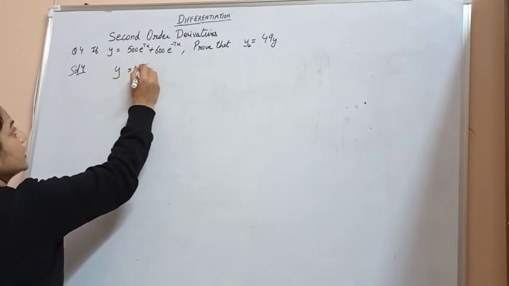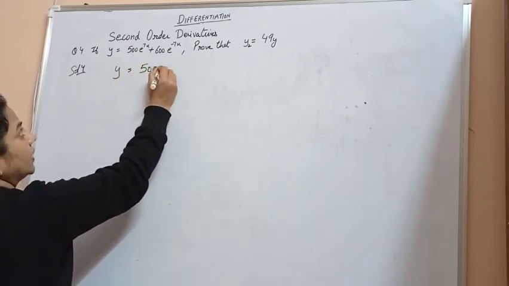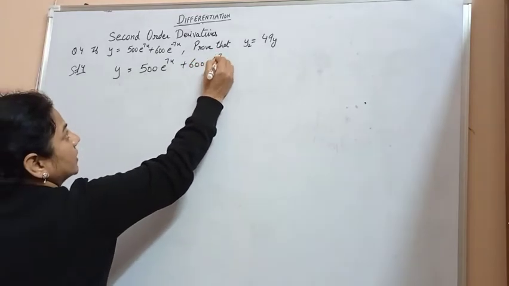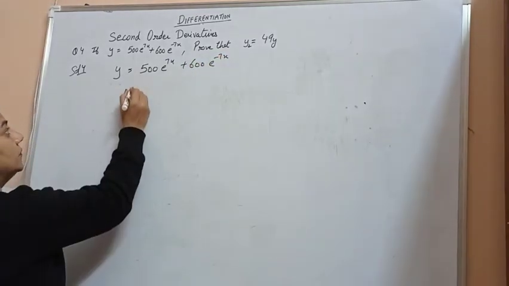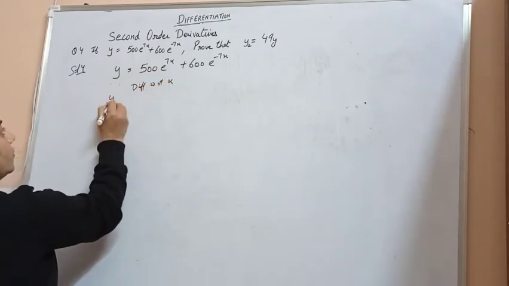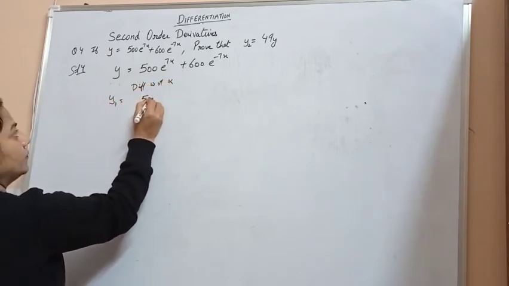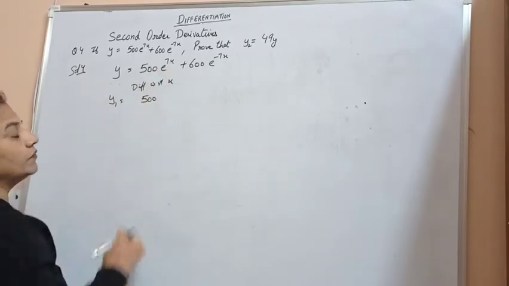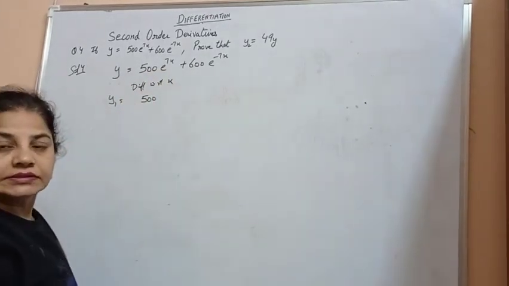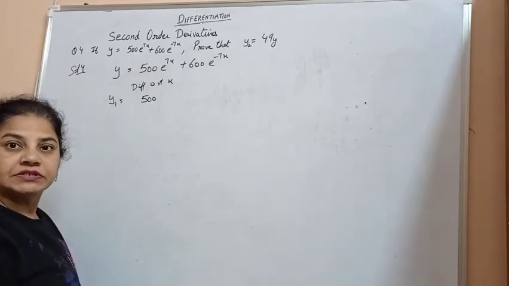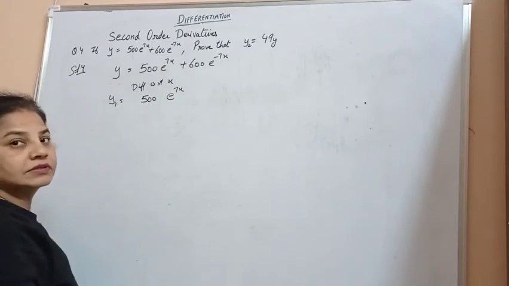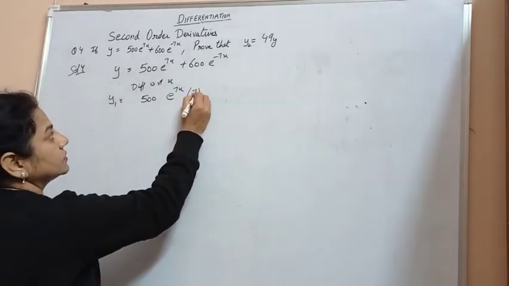Differentiating, y1 is equal to 500, a constant term, into the derivative of e to the power 7x, which is the exponential function itself, e to the power 7x into the derivative of 7x, which is 7.